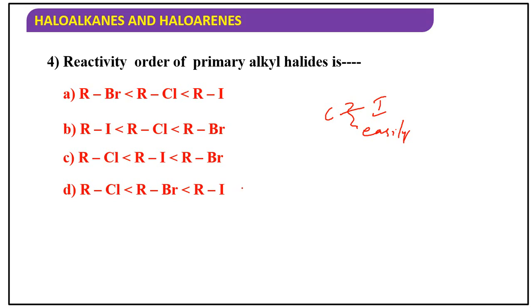Down the group, bond length is more and bond strength is less. Iodine is more reactive, so A and D. Then chlorine has a stronger bond, so obviously D is the answer.